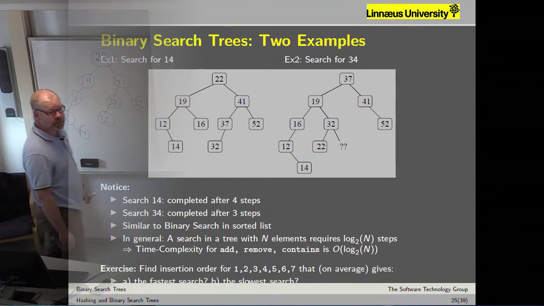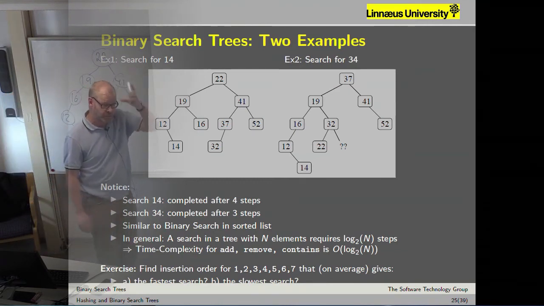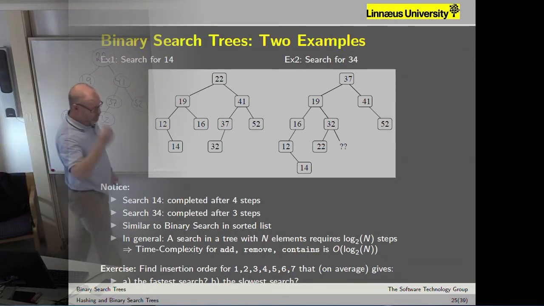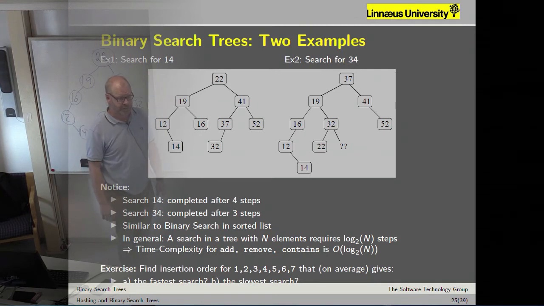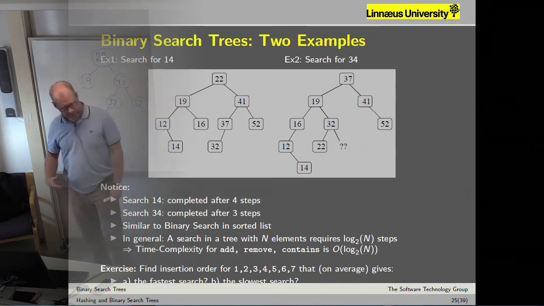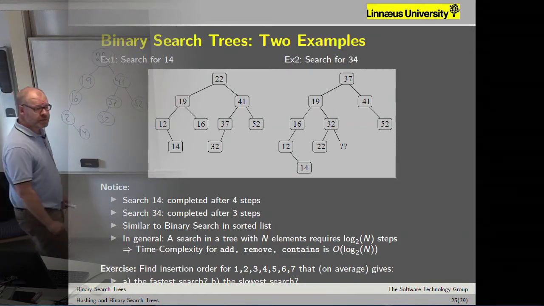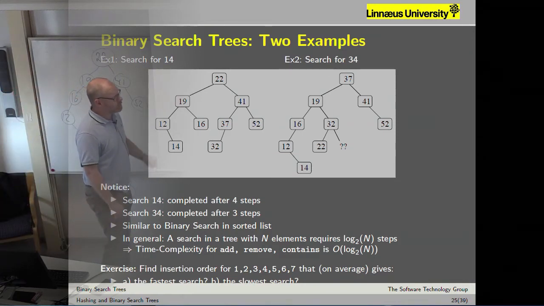So it is the same time complexity as binary search. That means we will end up in logarithmic time complexity. Is this faster or slower than hashing? Slower. Logarithmic is slower than constant, but still much faster than linear time complexity.